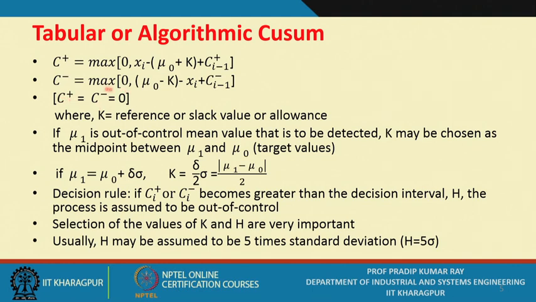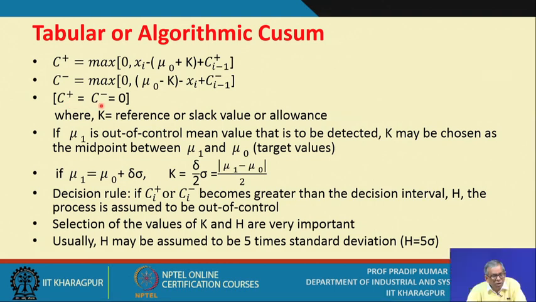And there must be some initialization condition, and you assume that C0 plus and C0 minus will be 0. So C0 plus equals C0 minus equals 0. Is it okay? That means the starting is 0.